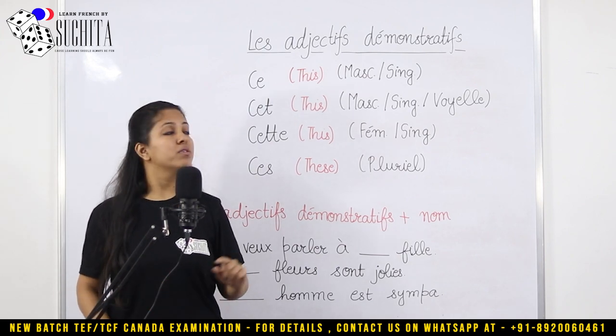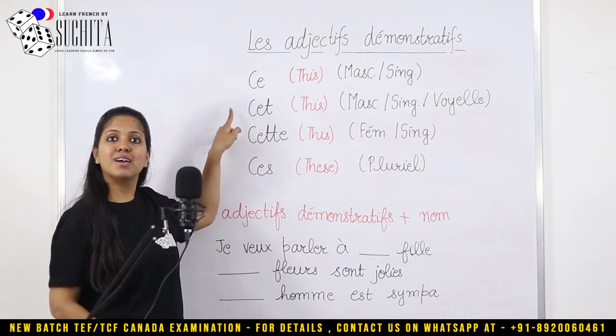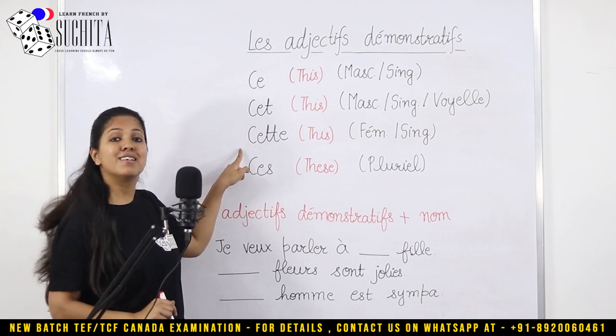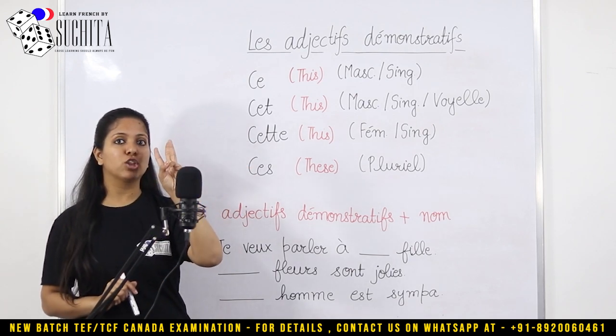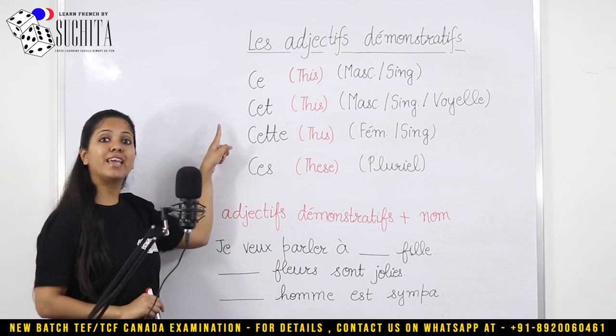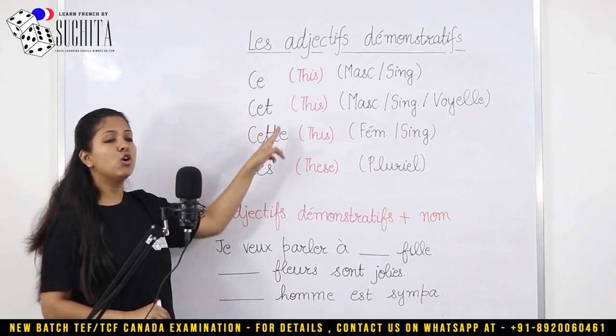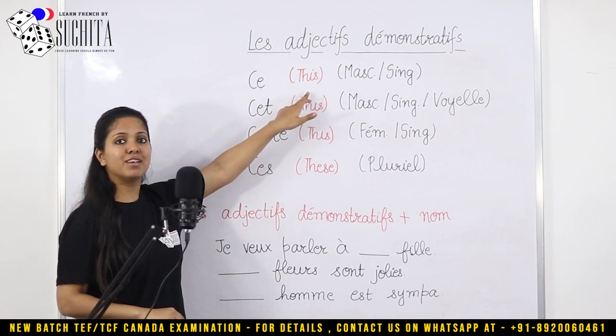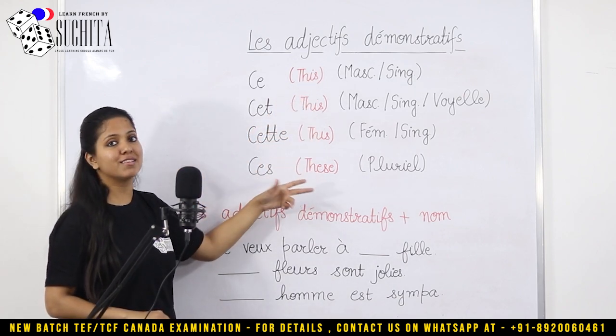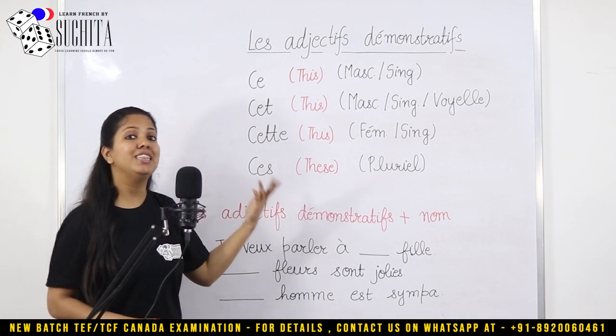Listen to the pronunciation. Ce, cette, cet, ces. The pronunciation of the second and the third one is the same. Cette, cet. Now the meaning of all 4 of them is this. I mean, this is also this, and this is, since it is plural, it is going to be these.